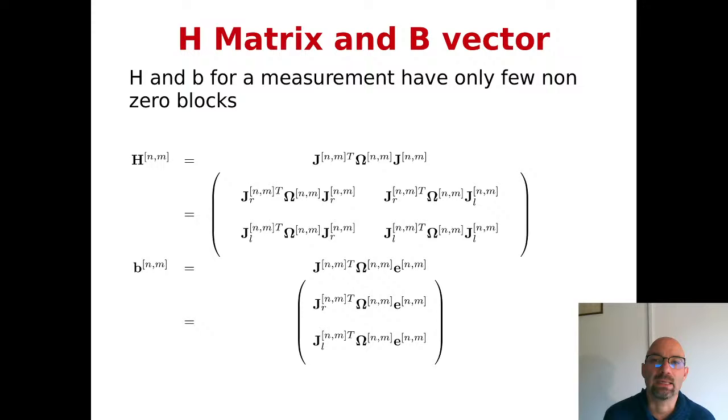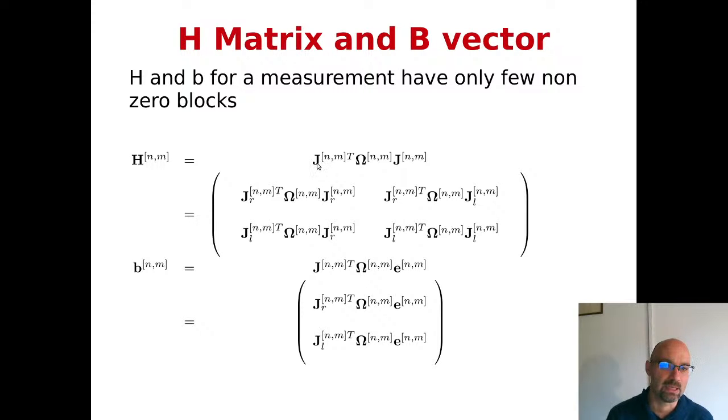But being the Jacobian sparse, with many zeros, we might expect that also the H matrix and the B vector for one measurement will be sparse. Because if I do the product J transposed omega J to calculate H, and if I do the product J transposed omega E to calculate B, I will find the following structure, because everything else is 0.